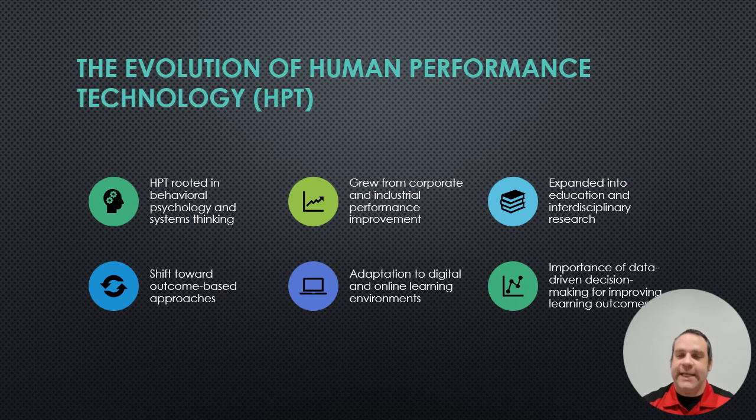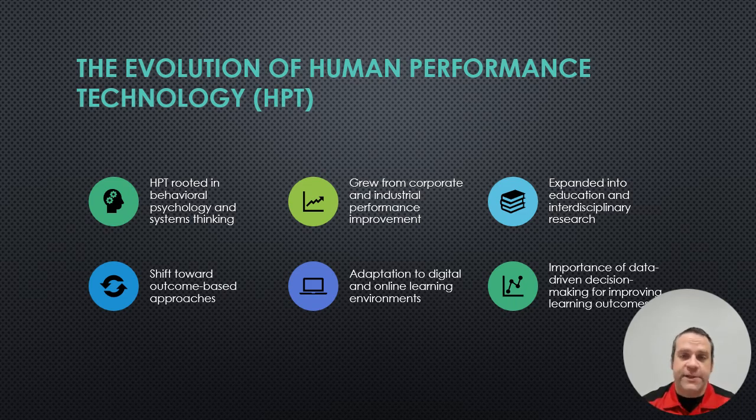So now, HPT has evolved to meet the demands of the digital age. The rise of online learning environments has presented many new challenges. Students are more dispersed, technology is more integral, and the learning process itself is more dynamic. This is where the evolution of HPT is particularly relevant to our focus on educational outcomes, specifically in the online learning environment.